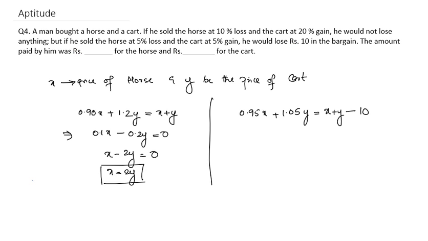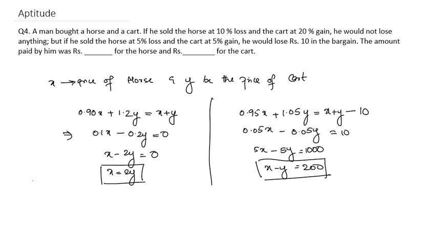Solving, we get 0.05x minus 0.05y equals 10 rupees. Multiplying by 100, 5x minus 5y is equal to 1000, or in other terms x minus y is equal to 200.